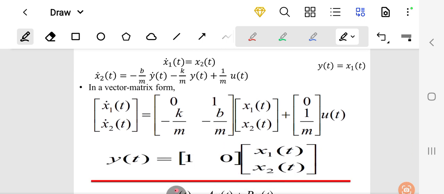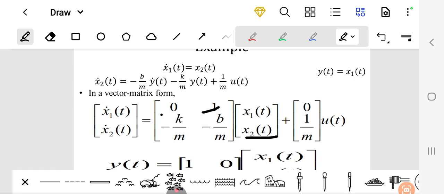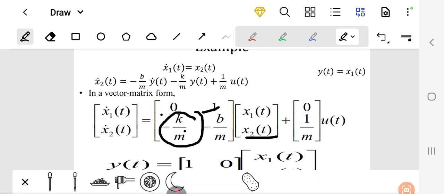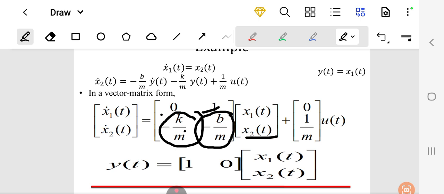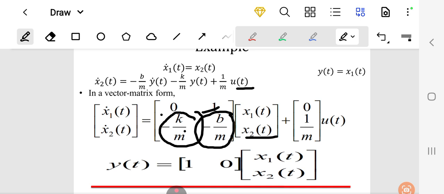We can write these equations in the matrix form. x1 dot equals x2. Therefore the A matrix, the coefficient of x1 is 0 and the coefficient of x2 is 1. For x2 dot equals negative k over m x1 and negative b over m times x2, and the input u is multiplied by 1 over m.